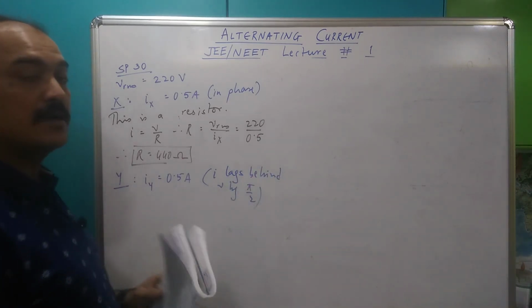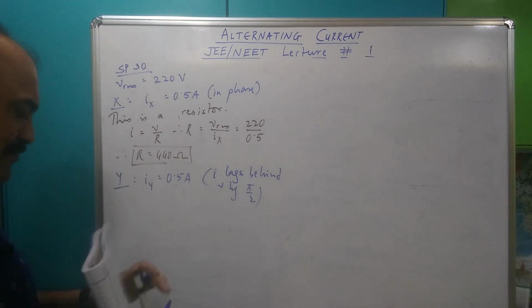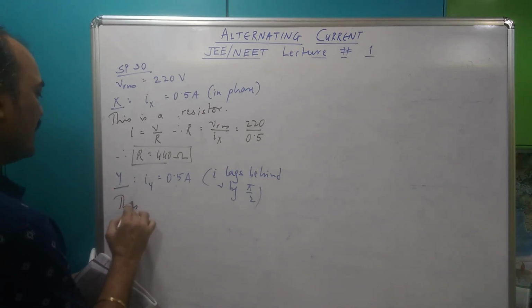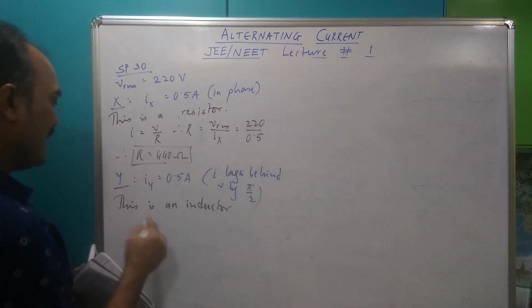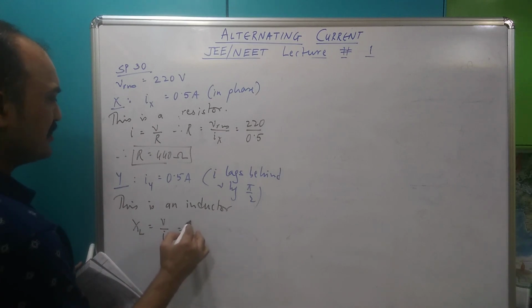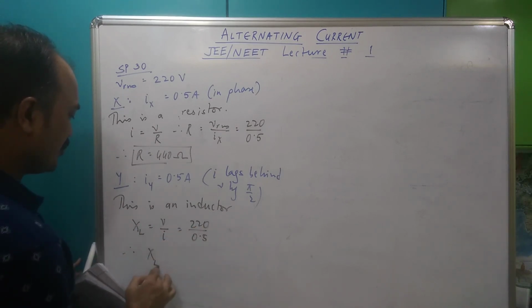Any ideas? करंट लैग बिहाइंड कर रहा है मतलब क्या है? इंडक्टर है साहब, करंट को लैग बिहाइंड करवाने वाला ये इंडक्टर है. This is an inductor. ओके, और यहां से XL मिल जाएगा मुझे, same XL is V by I, same old 220 by 0.5. So to cut a long story short, XL is 440 ohm again.